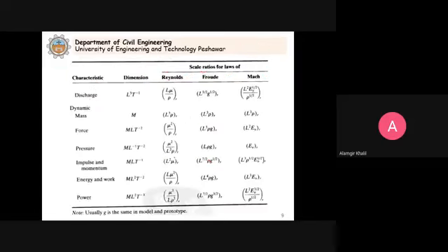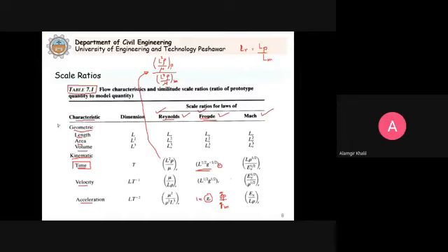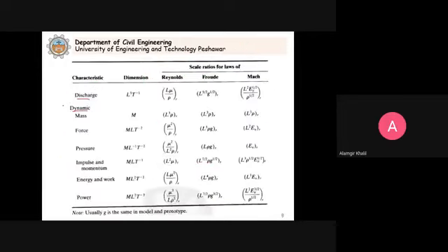And the table continues. You see here we have discharge. And if you consider the dynamic, you see we have geometric, then kinematic, and then dynamic. So you see we have the mass, force, pressure, impulse, momentum, work, energy, and power.